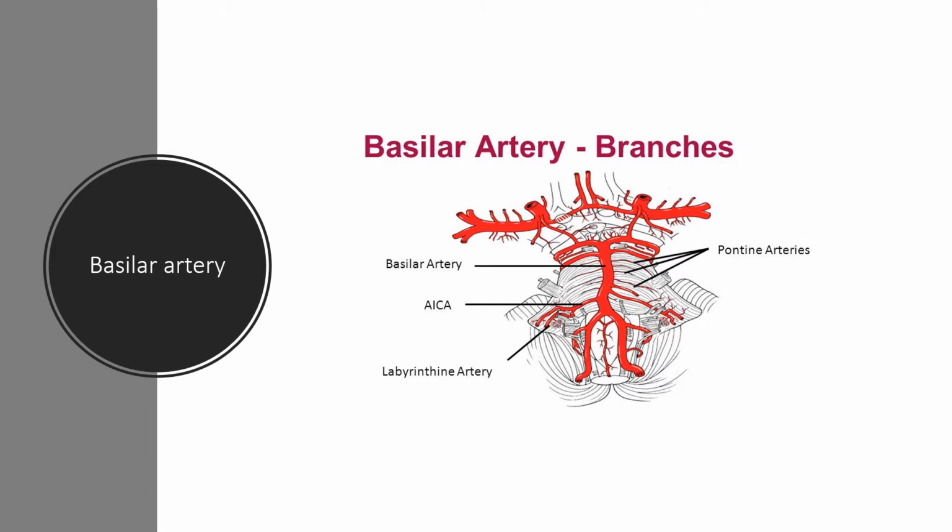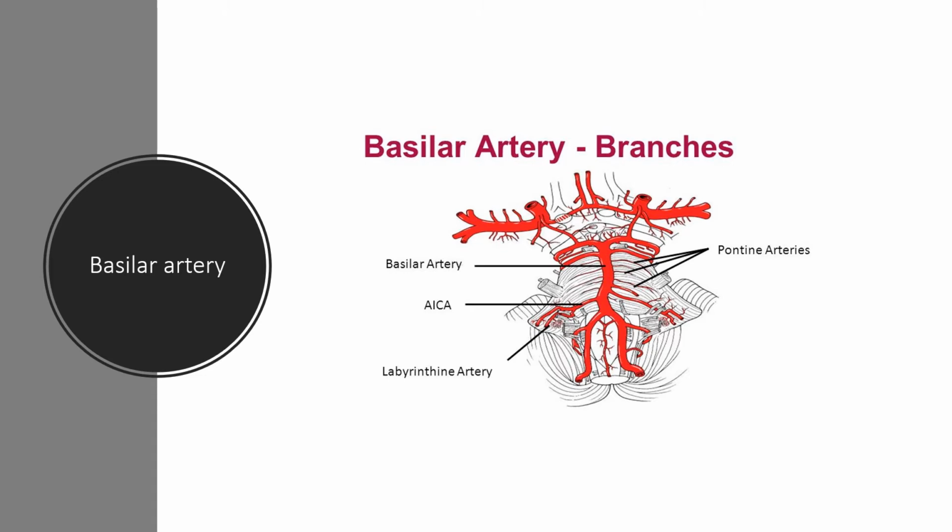Anterior inferior cerebellar artery. The anterior inferior cerebellar artery arises close to the pons and runs backwards and laterally, usually anterior to the 7th and 8th cranial nerves.